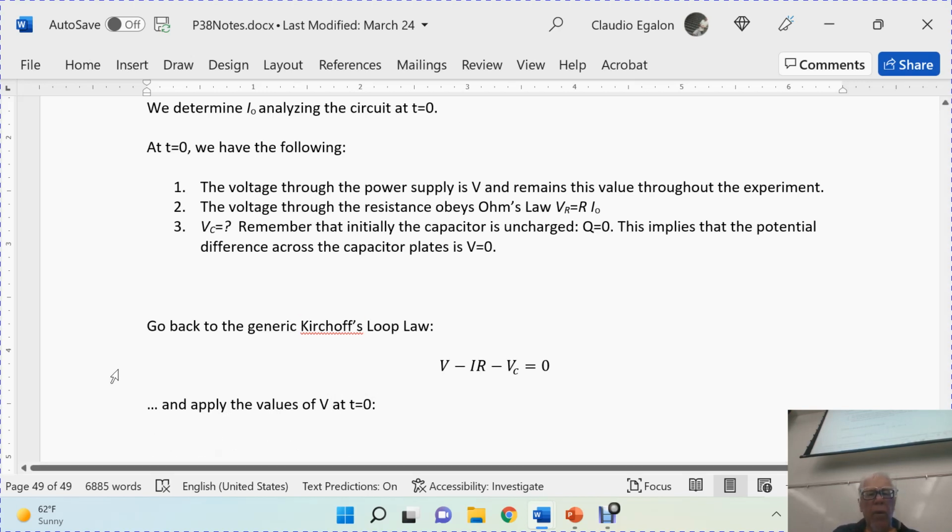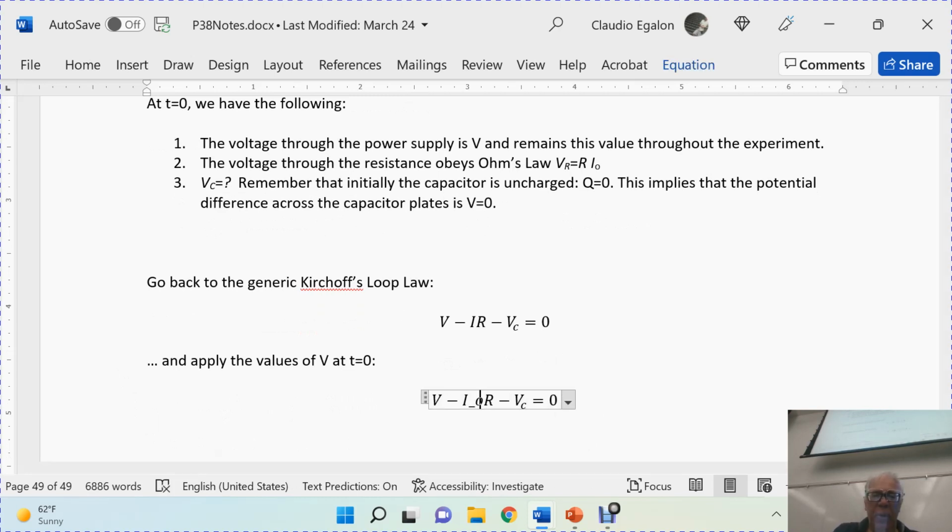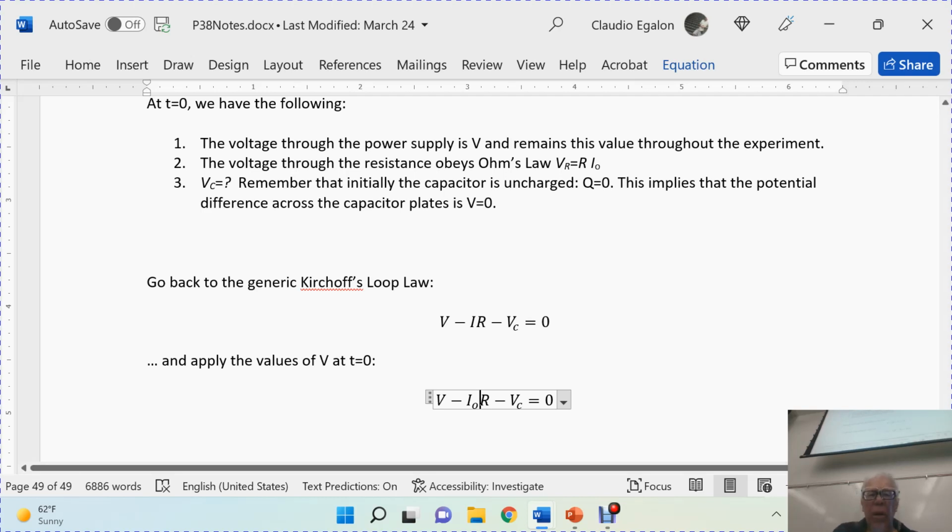So V remains V because the potential through the battery doesn't change. The I flowing through the circuit now is going to be I naught because it's the current at time t equal to 0. And V of the capacitor is 0.